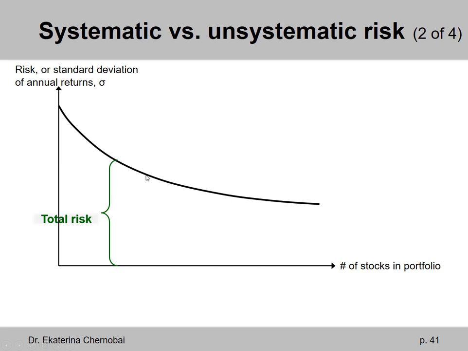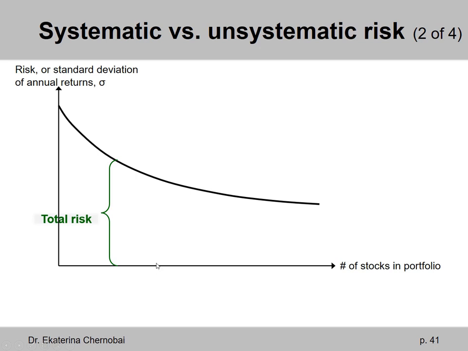But this line is more like a curve. It's going to flatten out, but it will never reach and cross the horizontal axis, because crossing it would mean that we reached zero along the vertical axis. So that can never happen. This is known as the so-called total risk of a portfolio.